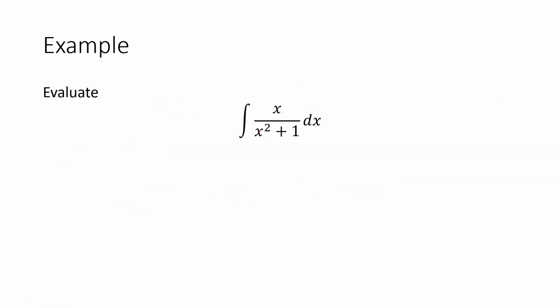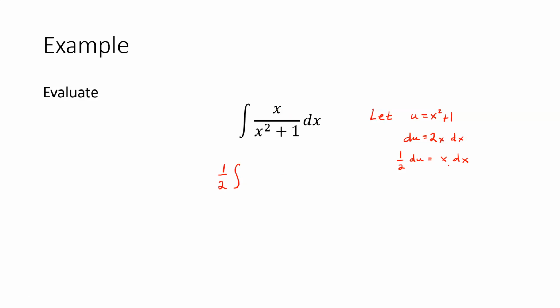How about the integral of x over x squared plus 1? Notice here I can substitute the denominator. So we'll start by letting u equal to x squared plus 1. So then the derivative would be a multiple of the x that we have in the numerator. So our integral then will have a 1/2 from the substitution.